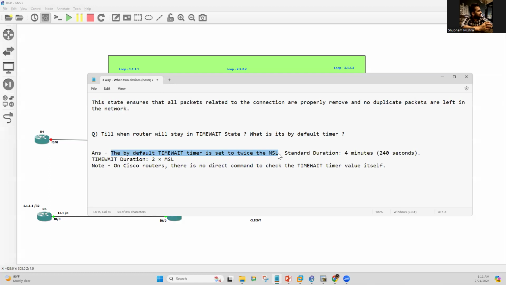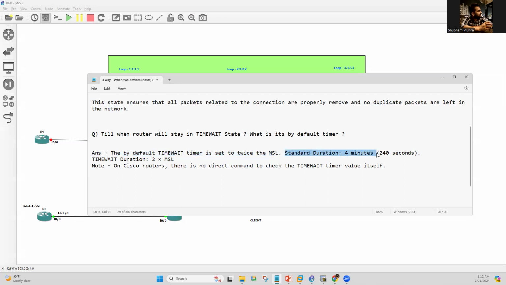So, guys, MSL stands for maximum segment lifetime. So by default, the time wait state timer is 2 times MSL. Getting my point?